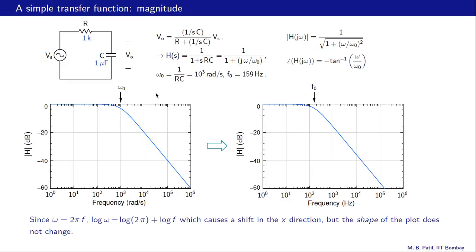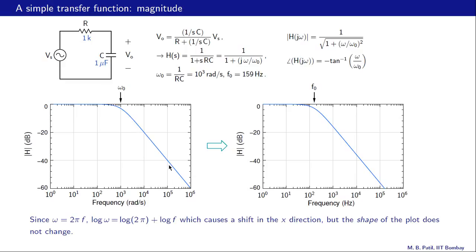Let us now look at what happens if we plot mod h as a function of frequency in hertz rather than frequency in radians per second, as we did earlier. In particular, we have seen that this omega 0 serves as the boundary between the low frequency part of mod h and the high frequency part of mod h.